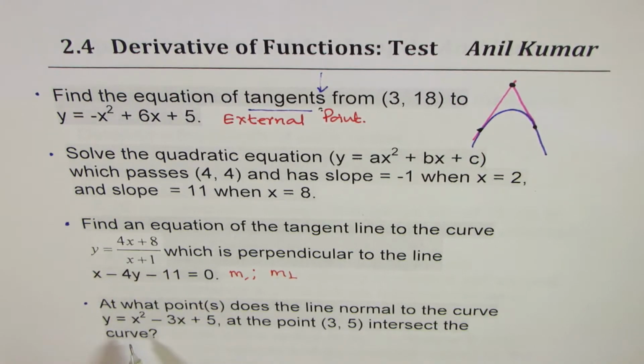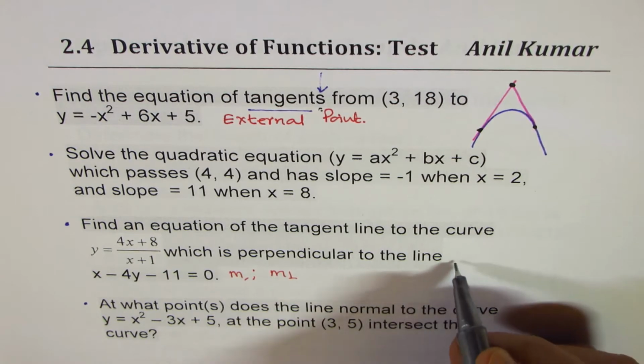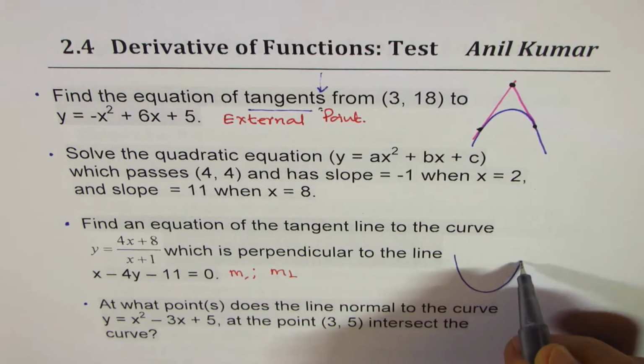The last question here is, at what points does the line normal to the curve, which is a parabola, at point (3,5) intersect the curve? So of course it intersects at (3,5). Well, that's at least you can write. This is a parabola which opens upwards, kind of like this.